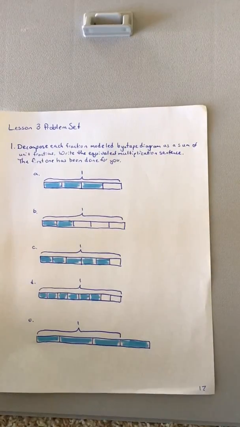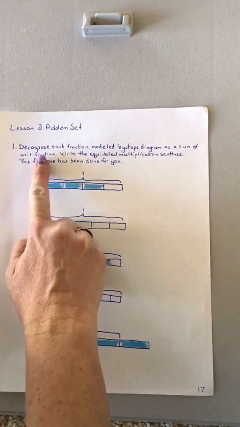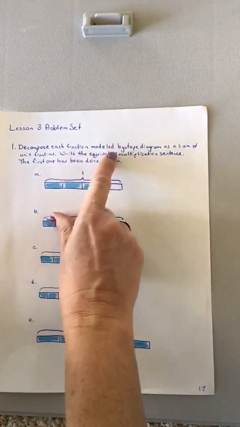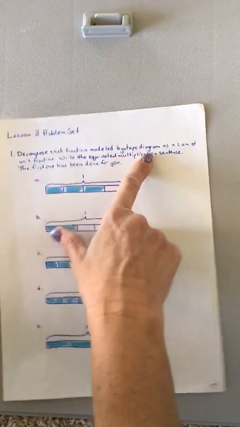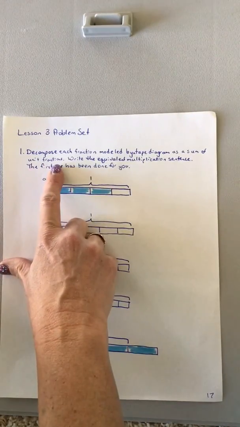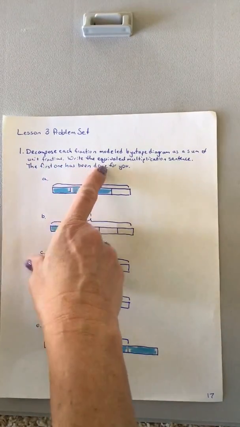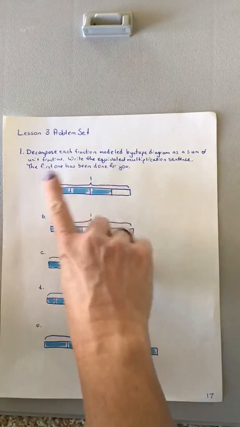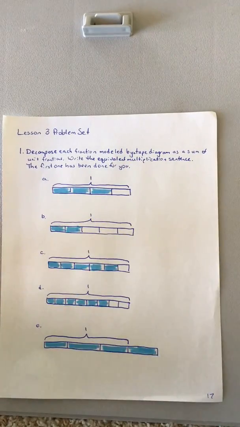Okay, to make sure you're on the right page, make sure your directions say, decompose each fraction modeled by a tape diagram as a sum of the unit fractions. Write the equivalent multiplication sentence. The first one has been done for you. Well, the first one has been done for you, but I haven't done it.